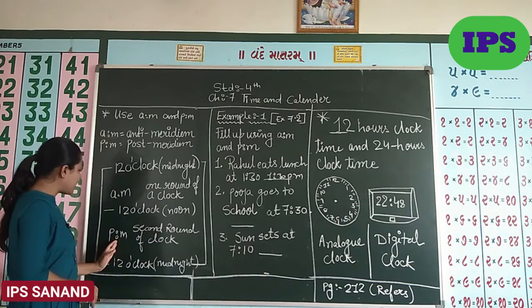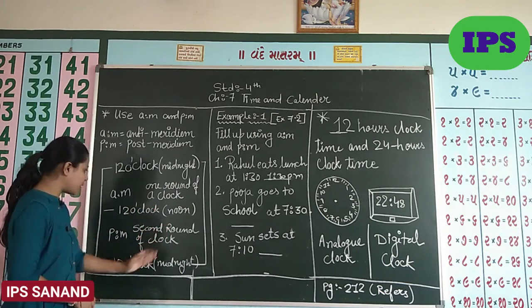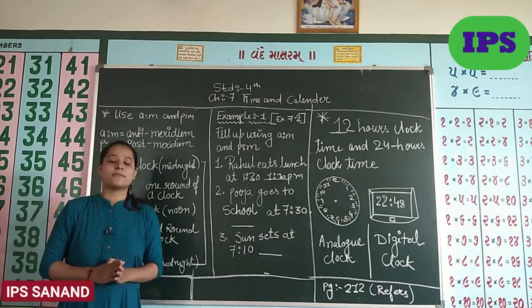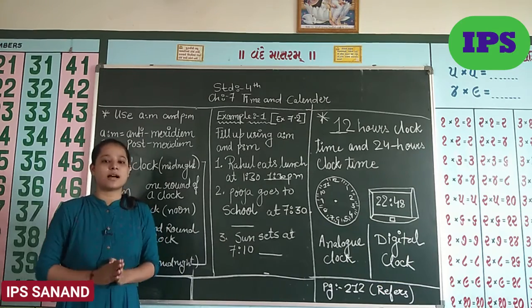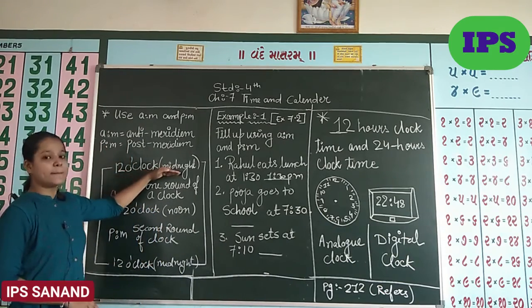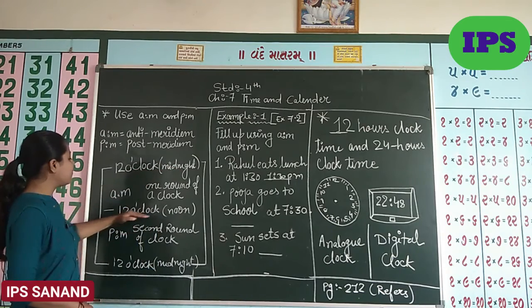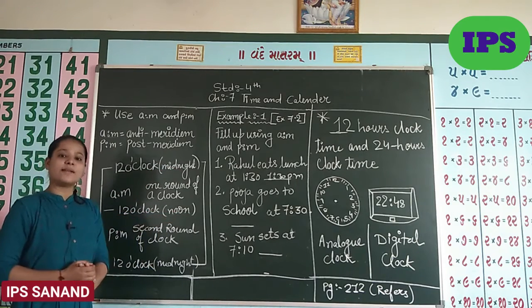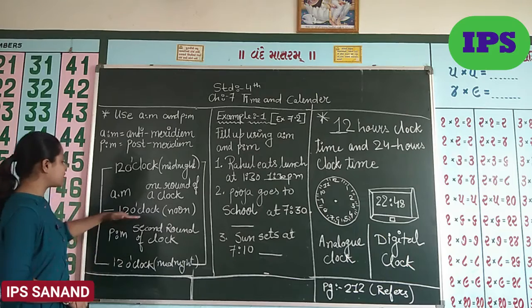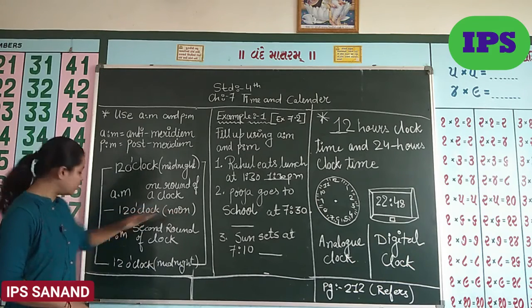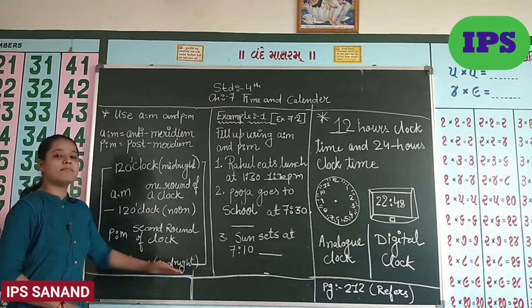Here PM is the second round of a clock. So how will you say AM and PM? AM starts at 12 midnight and ends at 12 o'clock of the noon, and PM starts at 12 o'clock of the noon to 12 o'clock of the midnight.